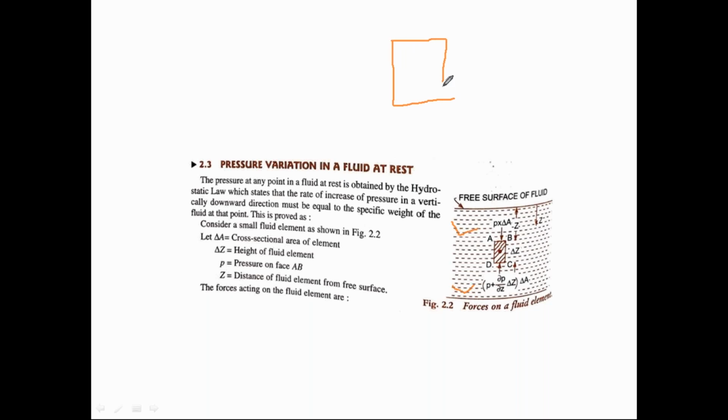That means this is the pressure force acting over the surface AB, and this is the pressure force acting over the surface DC. I am not saying that the intensities are equal, because if they were equal and opposite, they would cancel.